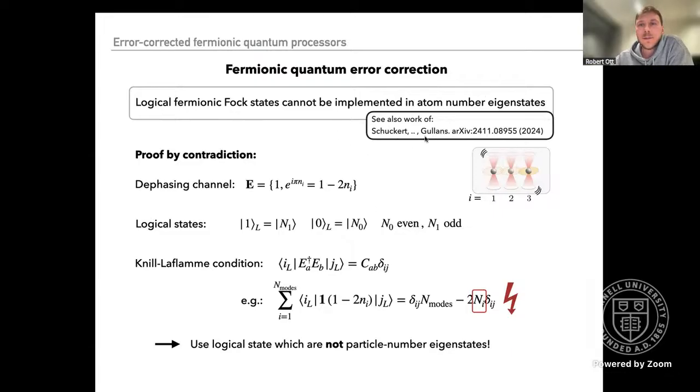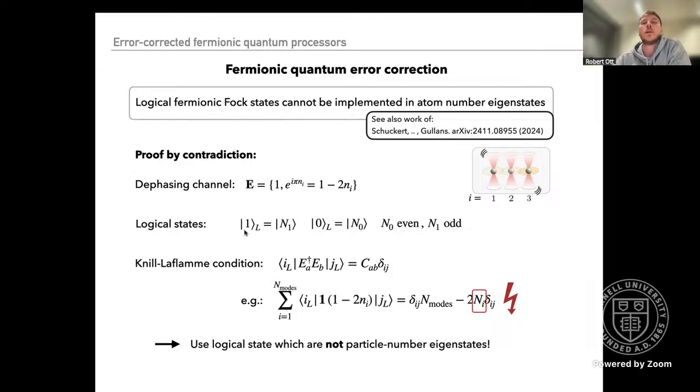And here I want to highlight a work by Alexander Schuckert and Michael Gullans, who are at UMD. And they worked out a very similar problem. Essentially, if you think of your error set as exactly this, you have phase errors in here, and you assume that you can implement logical states in a number sector.